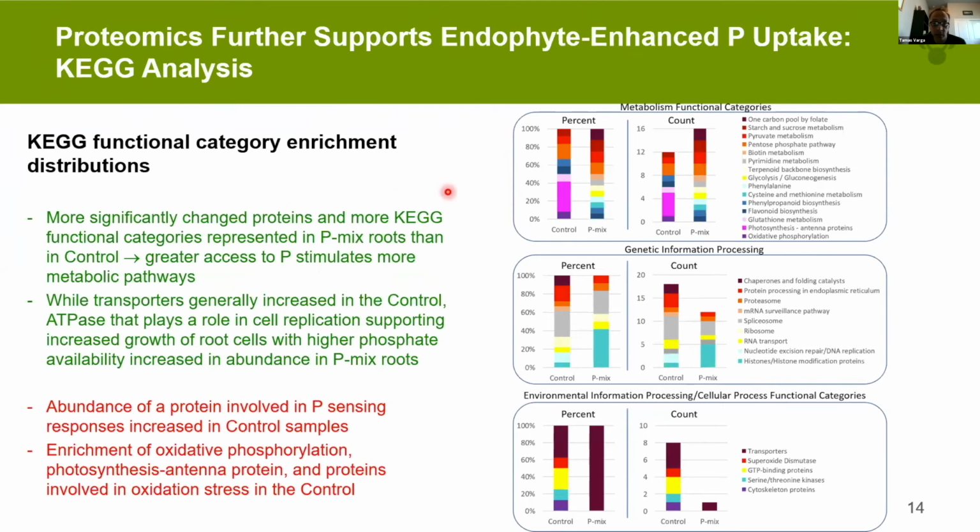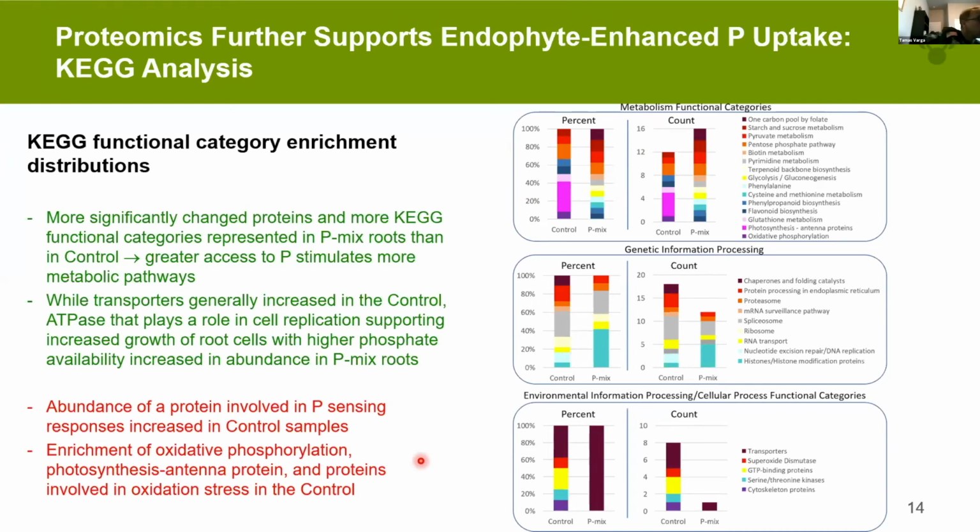So this KEGG analysis basically looks at which proteins are most significantly changed or altered in the two groups, and then these are proteins related to different functions such as metabolism, genetic information processing, etc. And what we found, consistent with the greater access to phosphorus in the PMIX group, more significantly changed proteins were found in the PMIX group, more KEGG functional categories, and that suggests that the greater access to phosphorus stimulated more metabolic pathways.